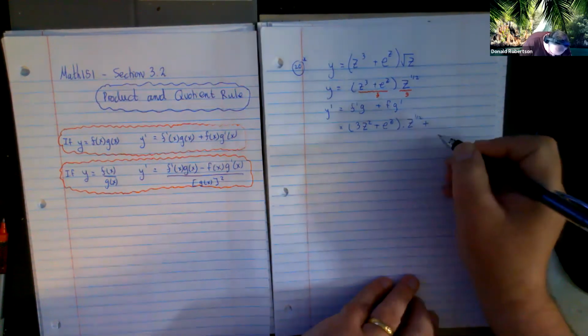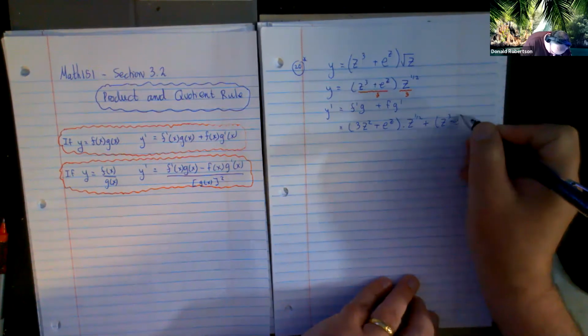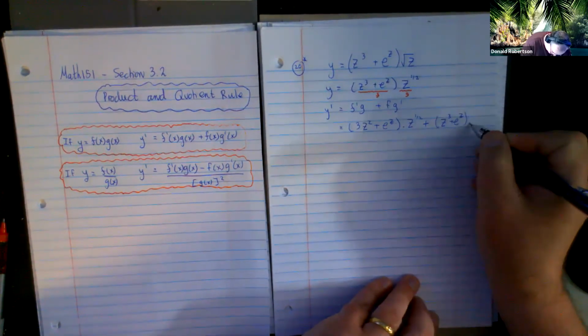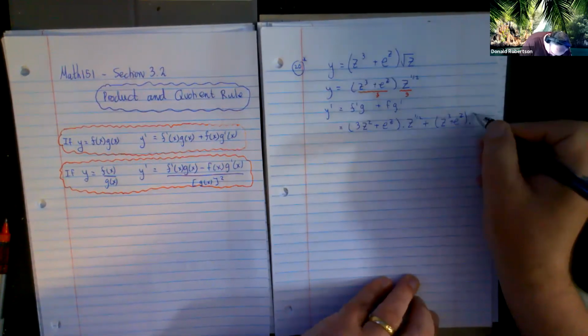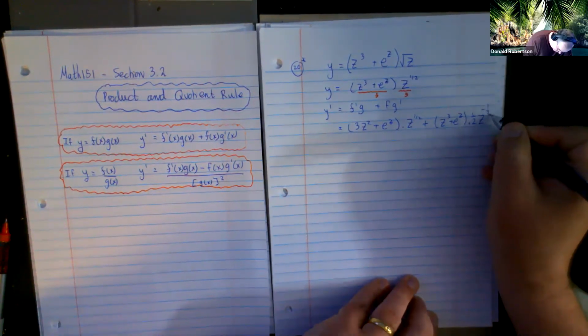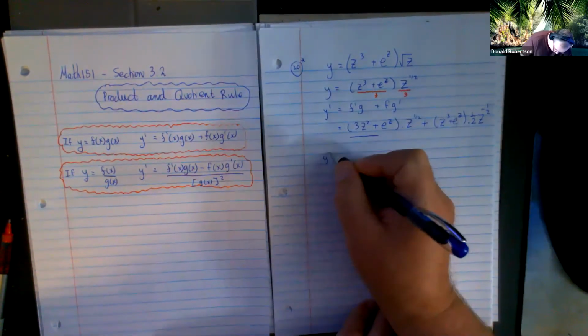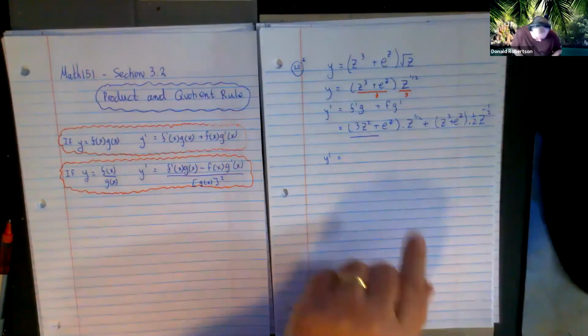Plus, you leave the first guy alone, and you multiply by the derivative of that guy, which is 1/2 z to the negative a half. And I don't know why I did that line there. So we're left with this guy here.